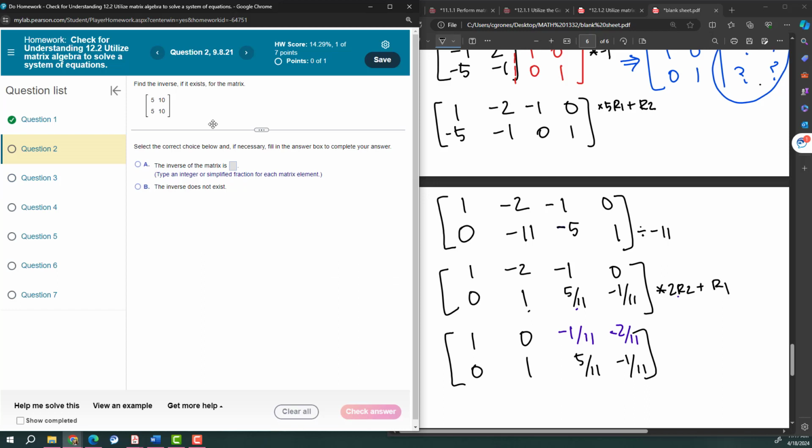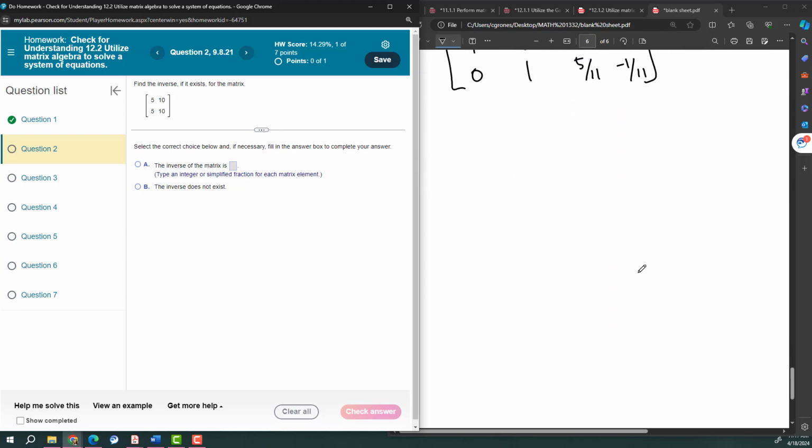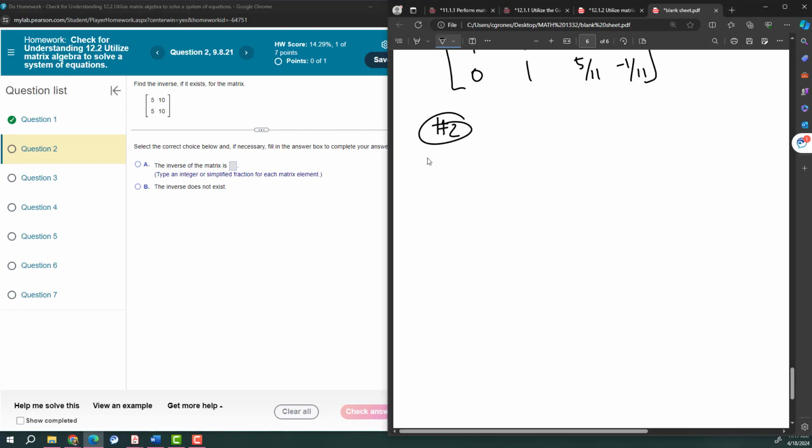Same thing that we just did. Number 2, find the inverse. So we've got 5, 10, 5, 10.